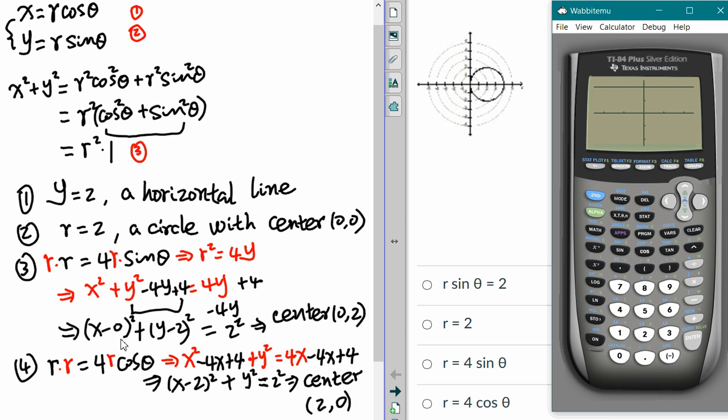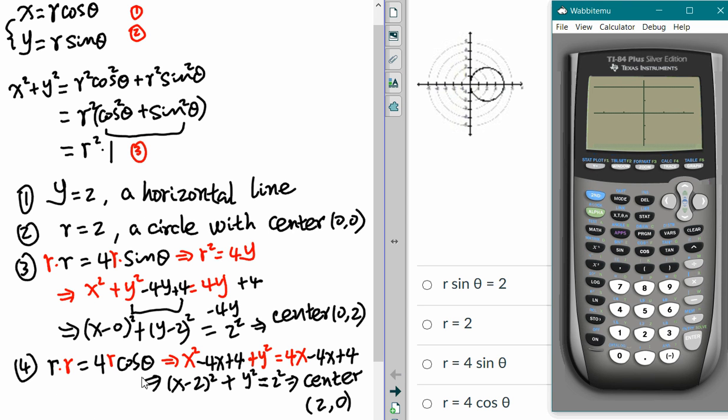And you can see this is the standard equation of a circle with center at 0, 2. And the radius is 2. So 0, 2 is not 2, 0. With 0, 2, the center is on the y-axis.